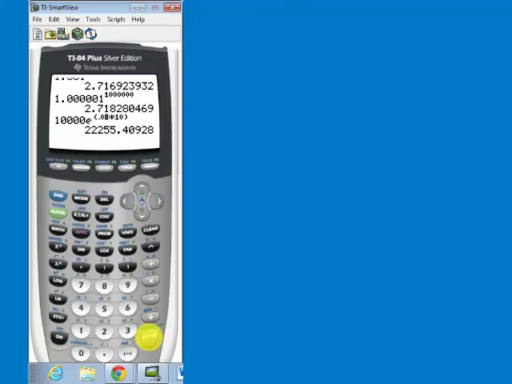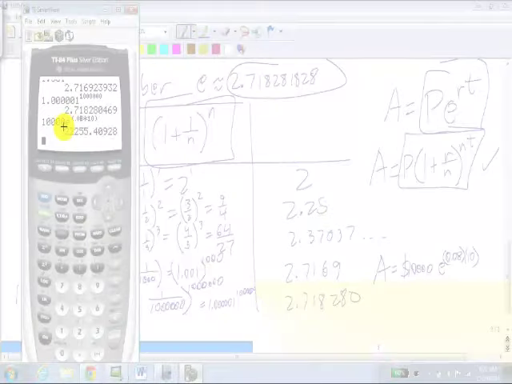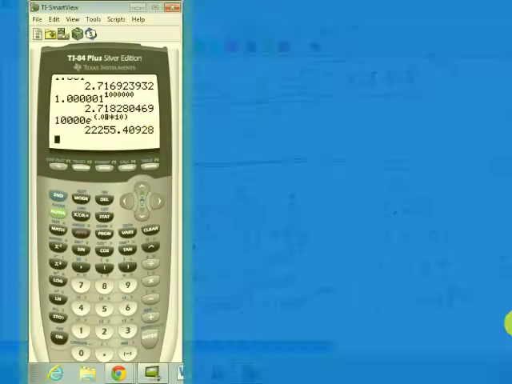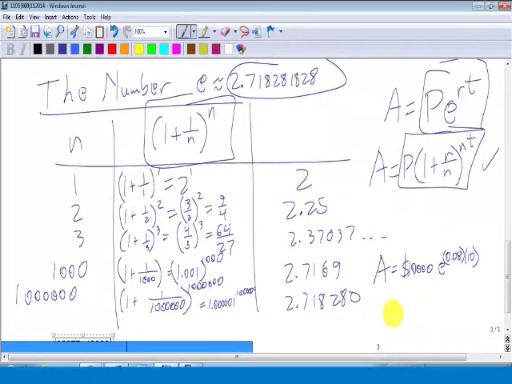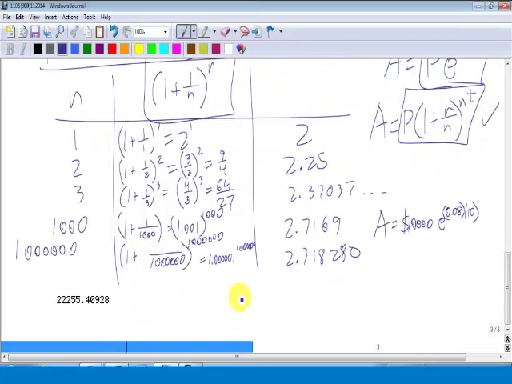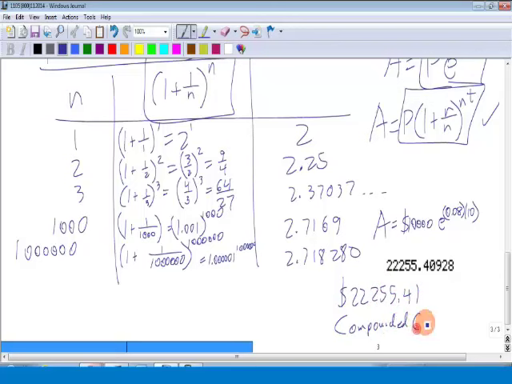So that is it. How much more is this than compounding hourly? Or, yeah, we did not do minutely. Hourly. Well, we say it's $22,255.41 when it is compounded continuously.